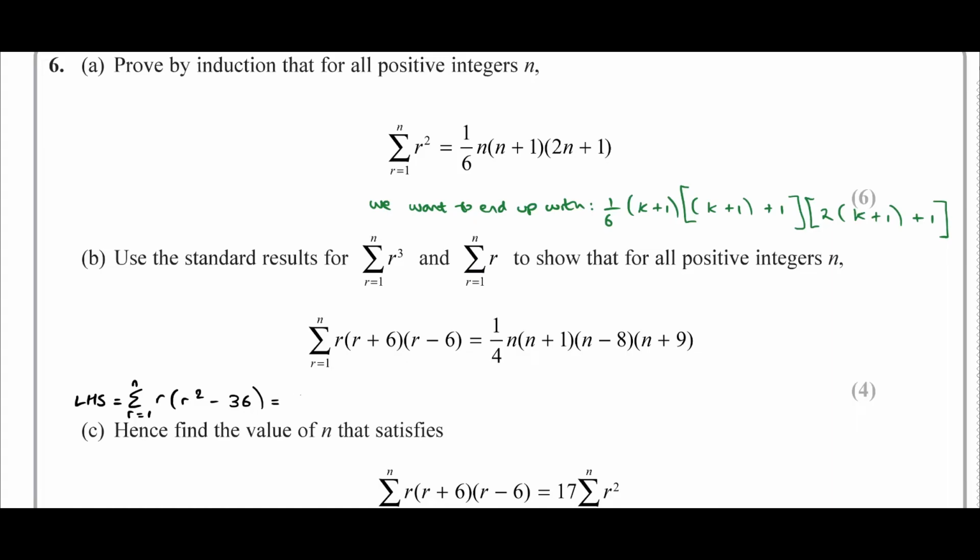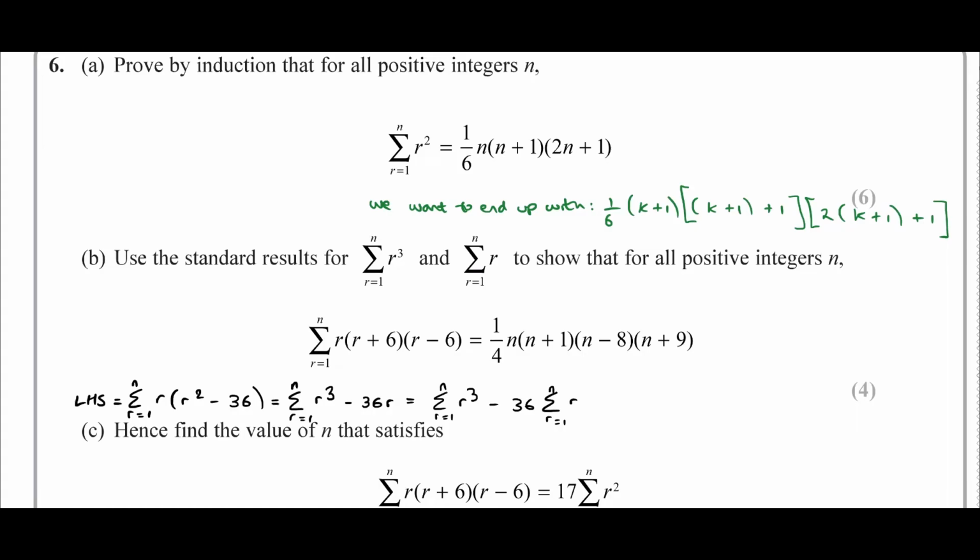So we have the sum from r equals 1 to r equals n of r cubed minus 36r, which is the same as the sum from r equals 1 to r equals n of r cubed minus 36 lots of the sum of r from r equals 1 to r equals n. Okay?